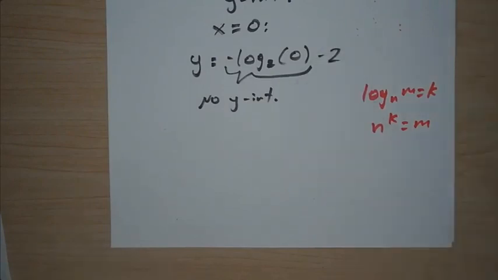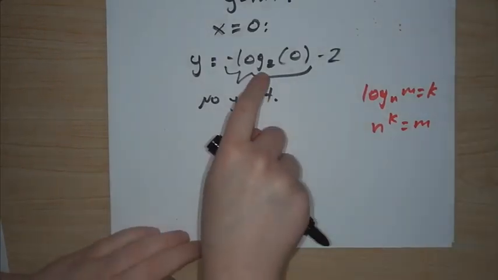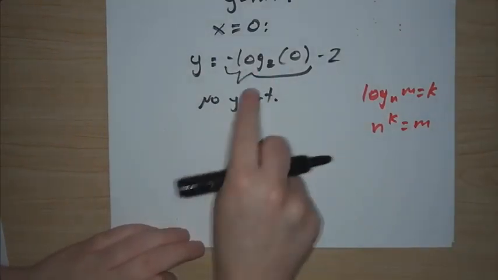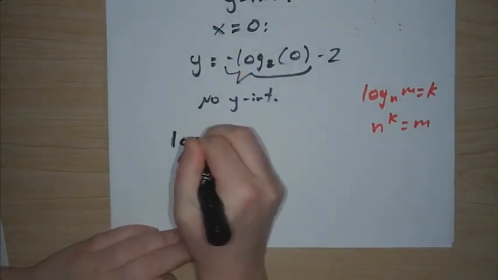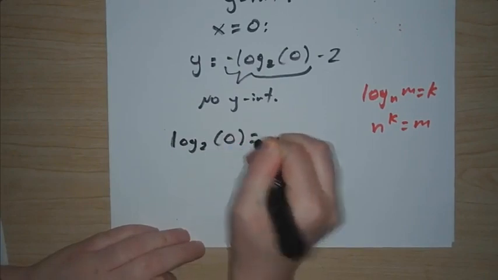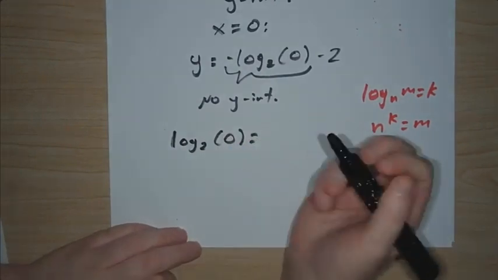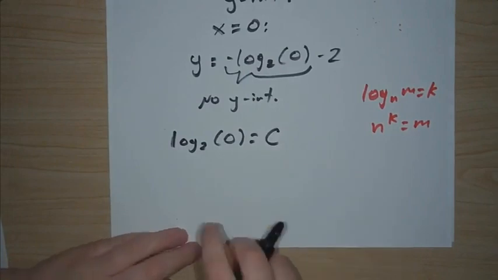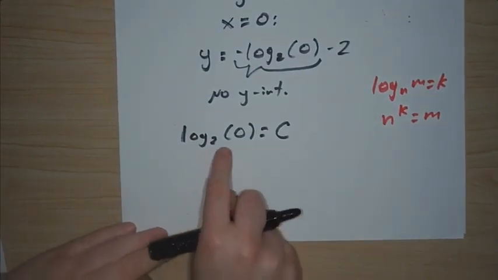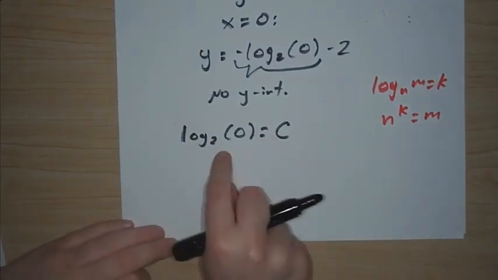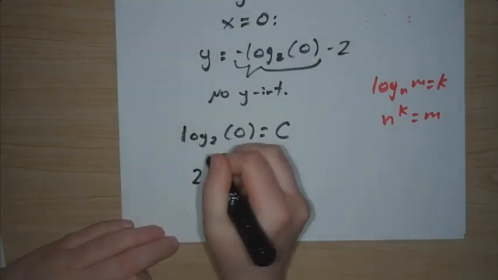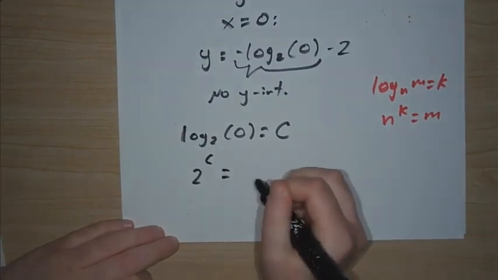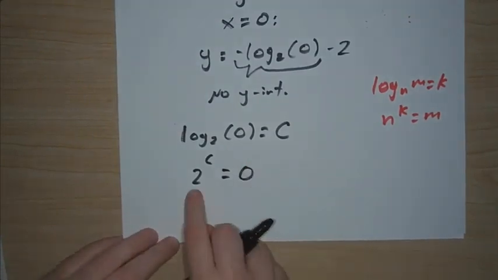So essentially, let's say we have log base 2 of 0 is equal to c. What this means is, using this formula here, 2 to some c is equal to 0.